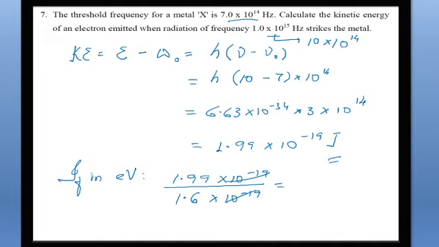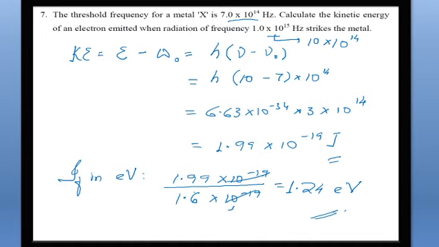So that is approximately 1.24 electron volts. Okay, just right now it is not asked, it is just in addition to what they have asked, I have discussed with you.